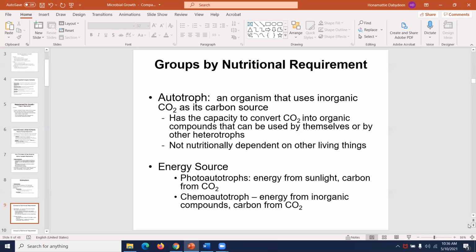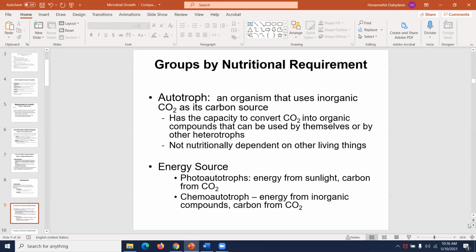They could use carbon dioxide from the atmosphere and change that into compounds like starch that can be used by itself and other microorganisms for food. So these are organisms that are never going to be nutritionally dependent on other organisms. And if they're not nutritionally dependent, they're generally not going to be pathogenic.